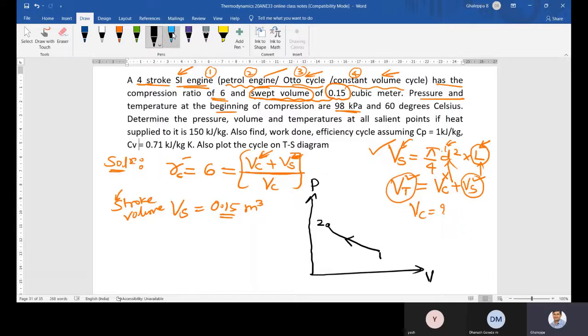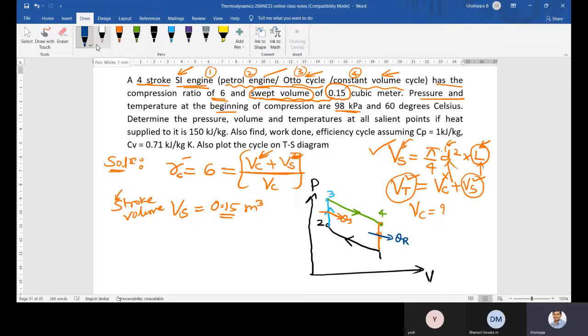The second process is constant volume combustion process, 2 to 3. The third process is isentropic expansion, 3 to 4. You have to remember all these processes. You practice, so it will become easy. Do not worry. 2 to 3 is heat supplied, and 4 to 1 is heat rejected.